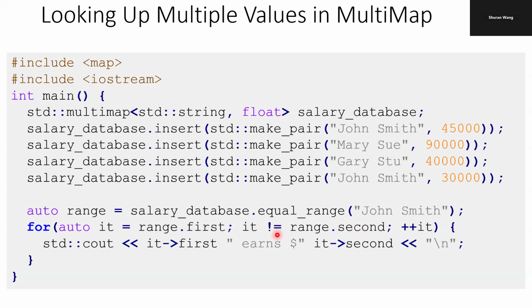And we can return the range of iterators because it's a binary search tree, so the same keys are always stored together, in terms of iterators. So this will return the iterator to the first in the range, and the second will return one past the last element in the range, if that makes sense.